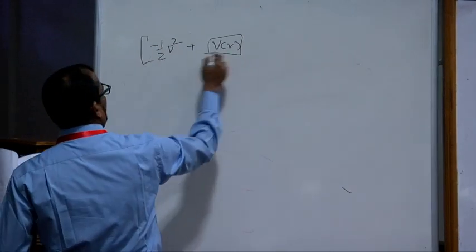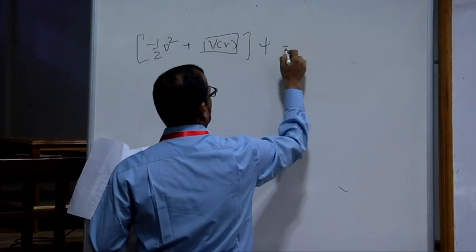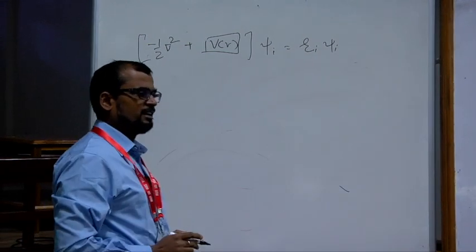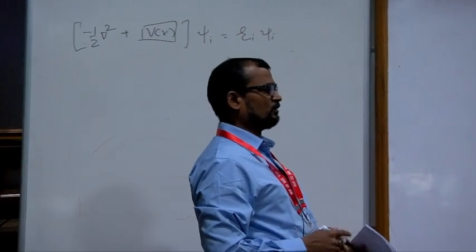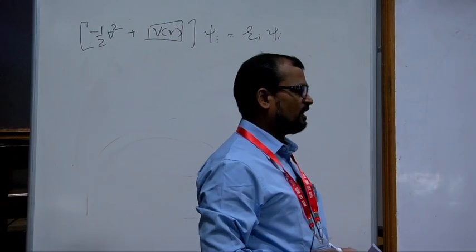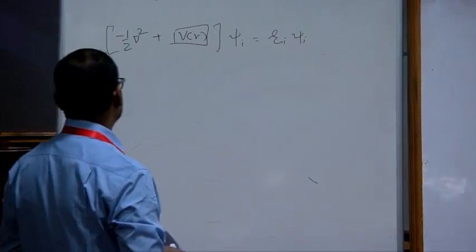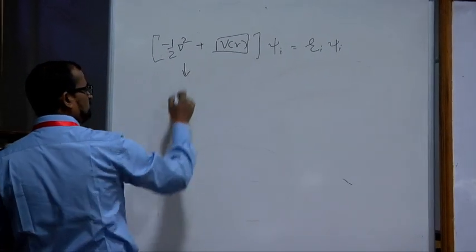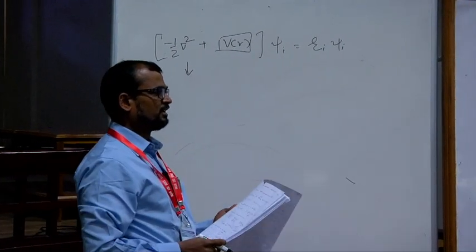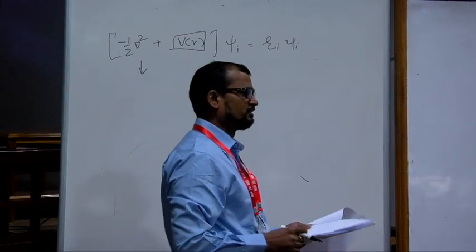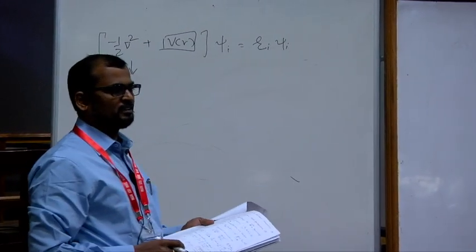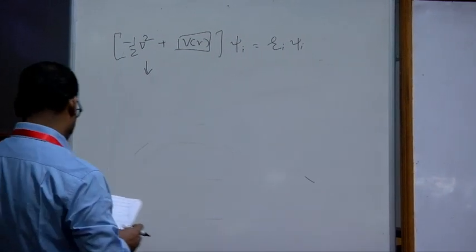If you want to solve this, n and l are the quantum numbers: the principal quantum number, orbital angular momentum, and so on. You can decouple the Laplacian operator into two parts: one the radial component and the other the angular component.